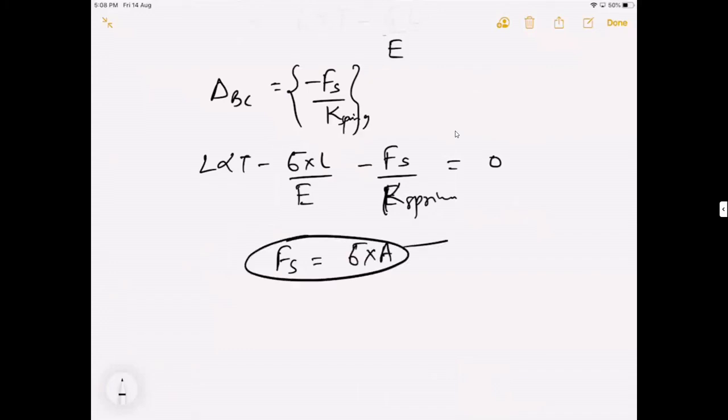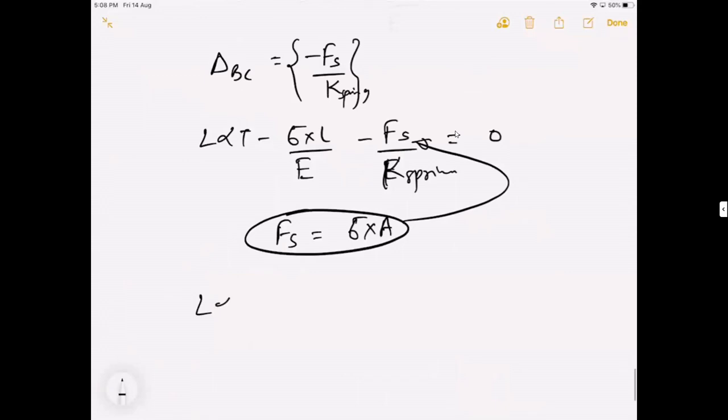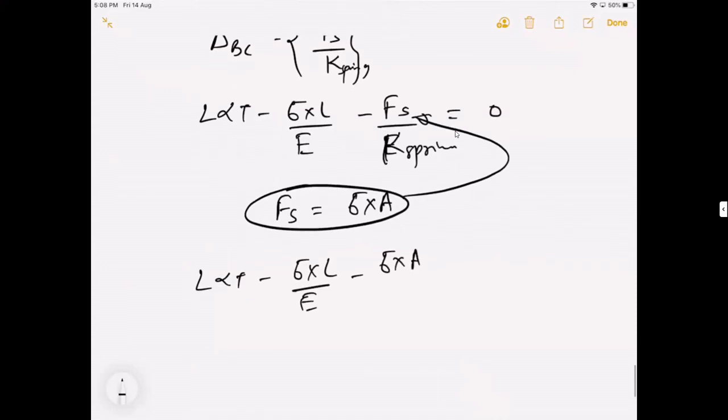Now putting this in, L alpha T minus sigma into L upon E minus sigma into A upon K spring is equal to 0.